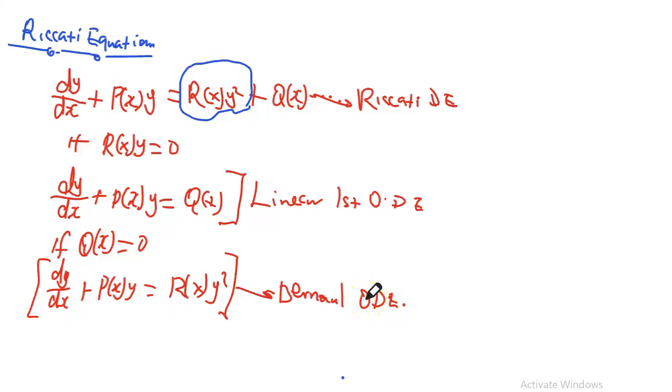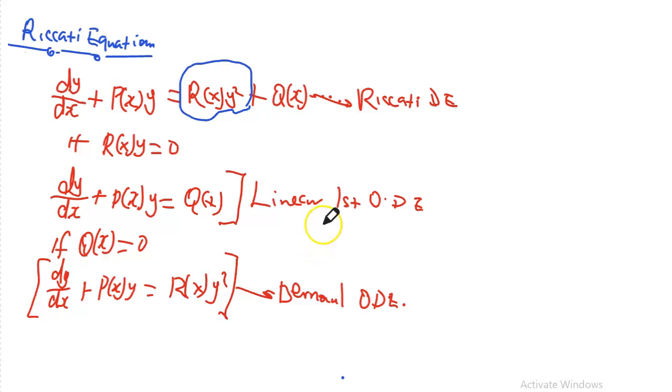So generally we can reduce Riccati equations to first order ordinary differential equations, or to Bernoulli equations.